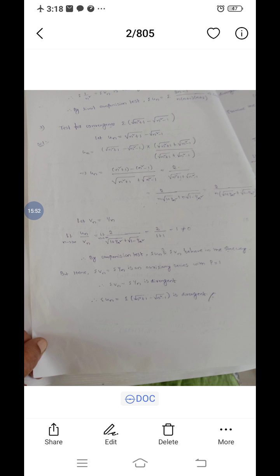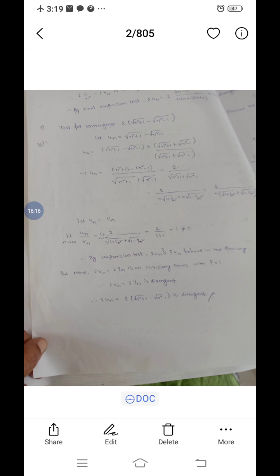Okay, so in the limit comparison test we need two series. Summation un is the given original series. Now here I am creating one duplicate series or dummy series for our convenience. So here I am taking that series as Vn is equal to 1 by n. From this un only you have to create the Vn.